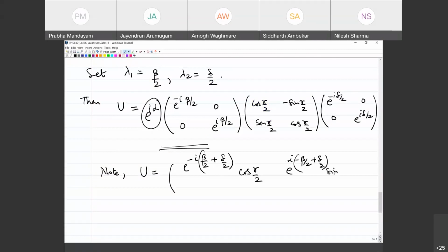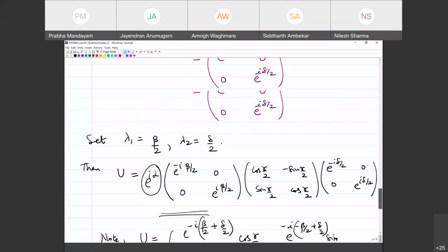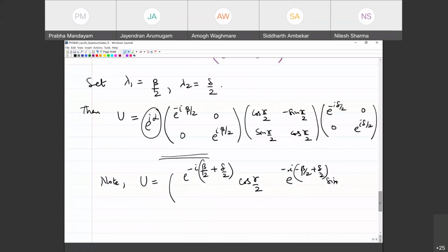Actually, it comes with a minus. Yeah, there's a plus delta by 2, and this one will have a minus. So this is correct, and then there's an overall minus sign.